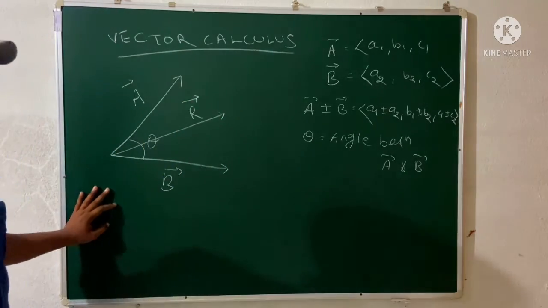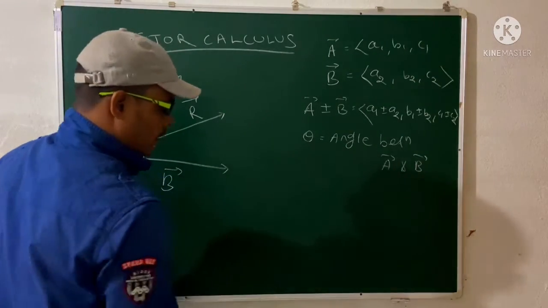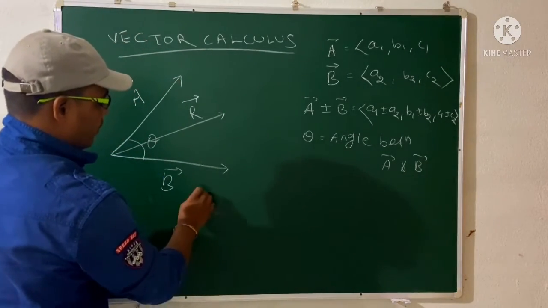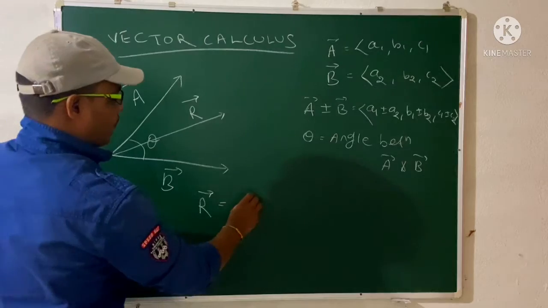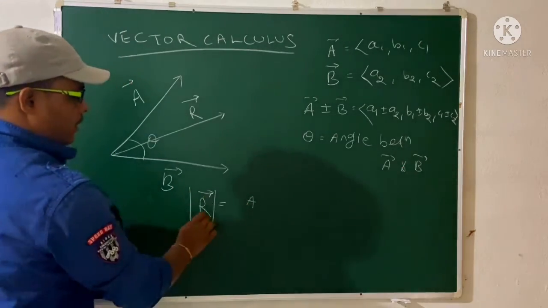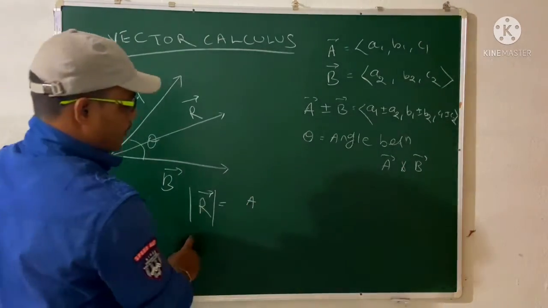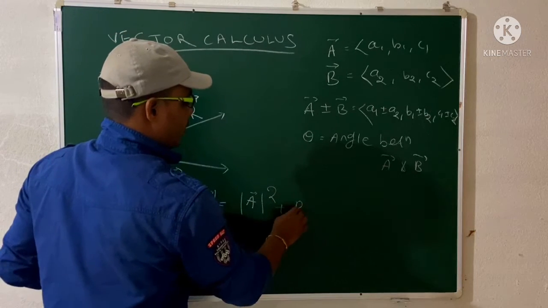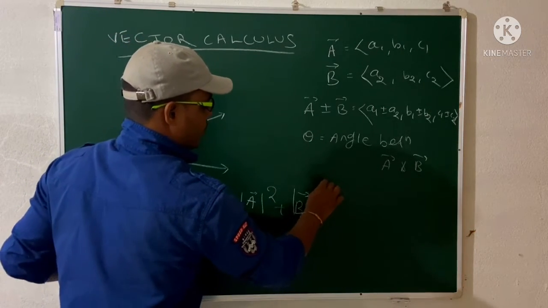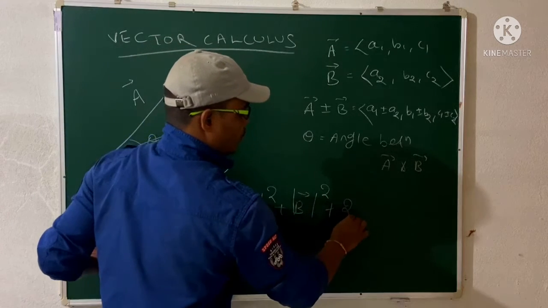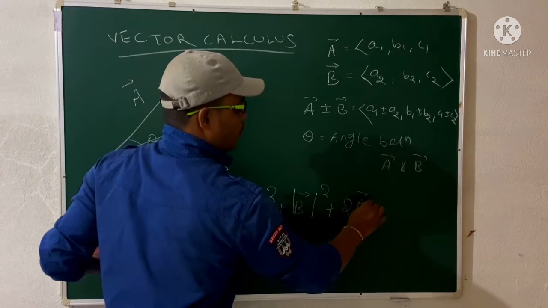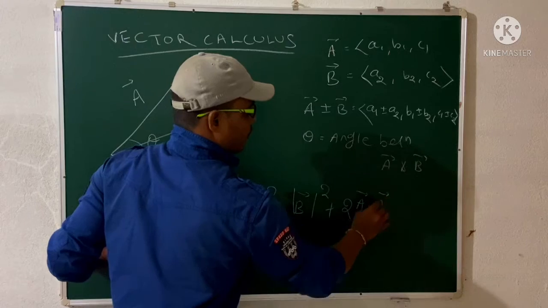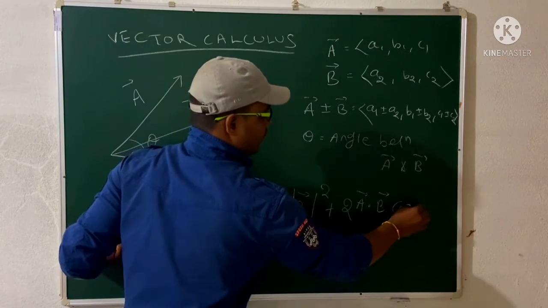Then what will be the resultant vector? Remember the expression. What will be the magnitude of the resultant vector? It is the square root of the a vector magnitude squared plus the b vector magnitude squared plus 2 times a times b times cos theta.